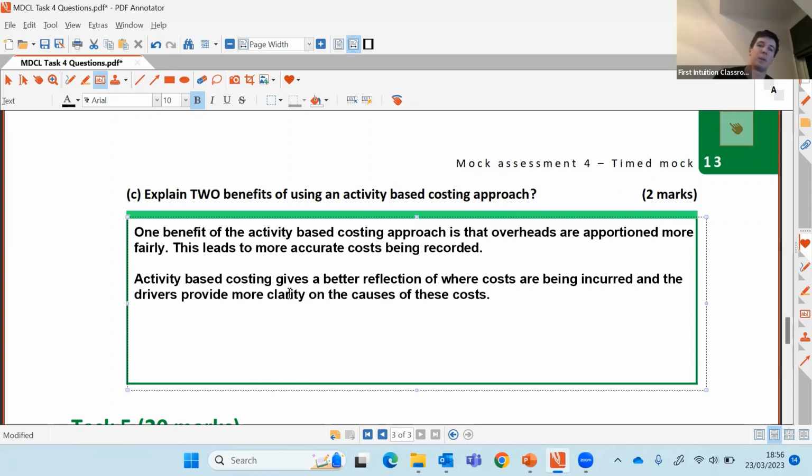I mean, that in its own right is an advantage, to be honest with you. So I would only want two, by the way. It asked me for two.